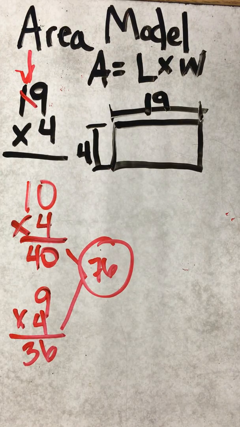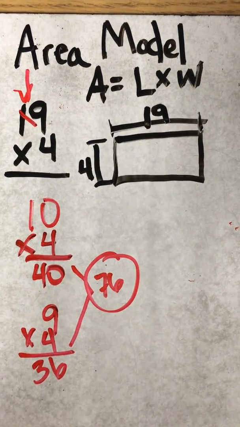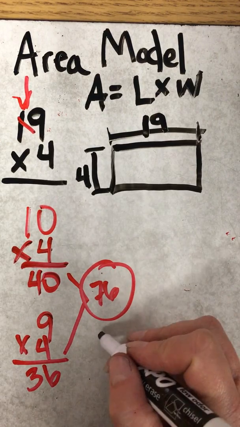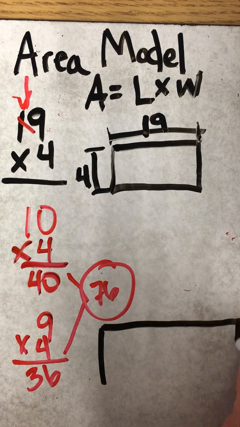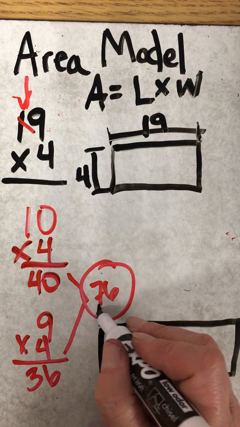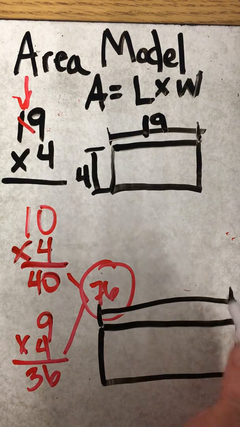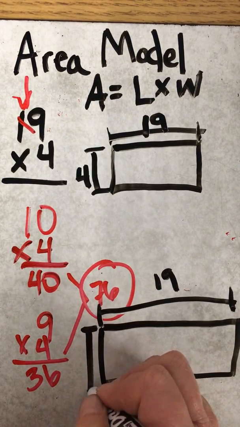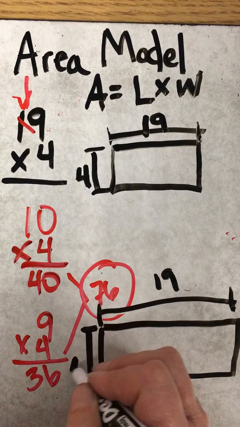However, how does that work with our area model? If I were to do an area model to demonstrate how I just separated those things, I'm going to make my model just a little bit bigger. Need to get a little bit more on here. Again, the original length was 19, and the original width was 4.